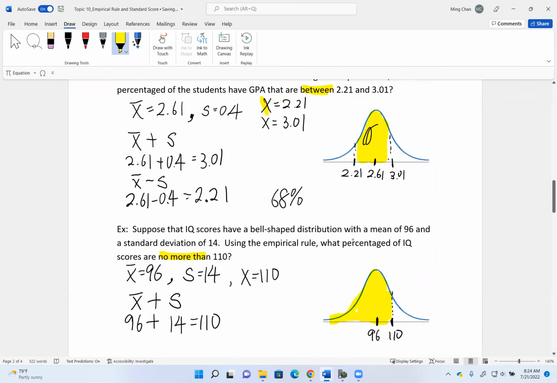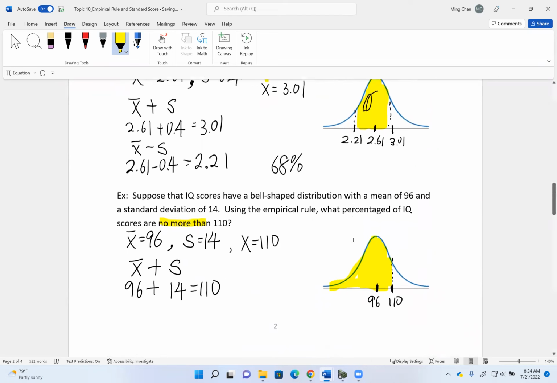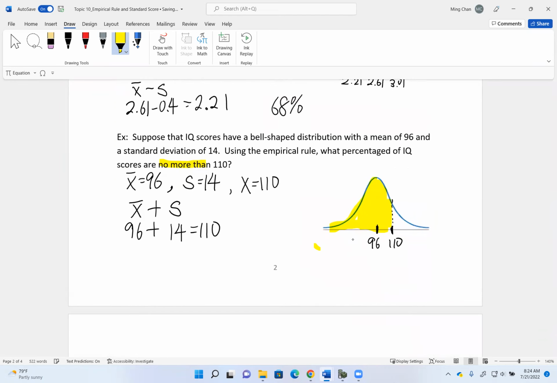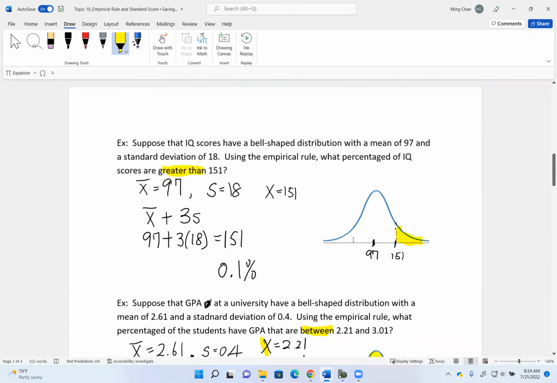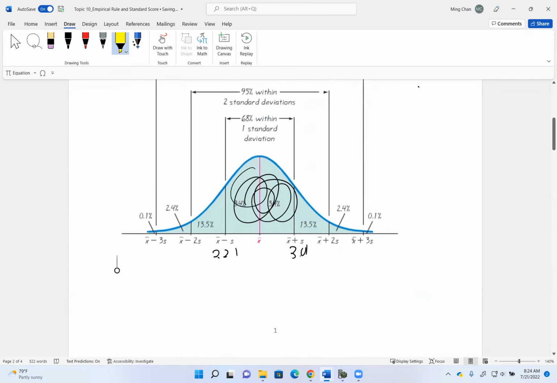The second one was in between. This one here is no more than, so that's to the left of that X. My 110 is right here, 1 standard deviation, and all the percentage to the left of it is what I need.